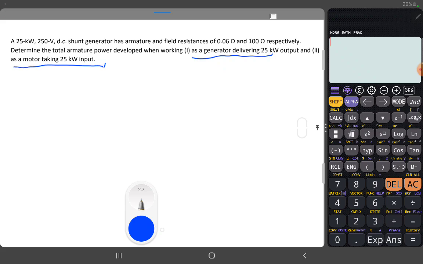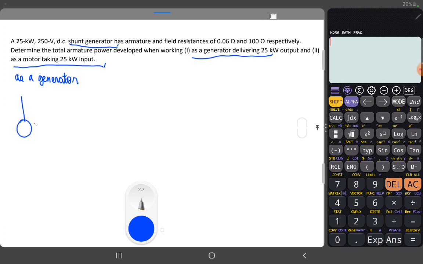Right? So first things first, we would of course know what would be the diagram of the shunt generator. Now, let's have our first question as a generator. Okay, so the diagram.